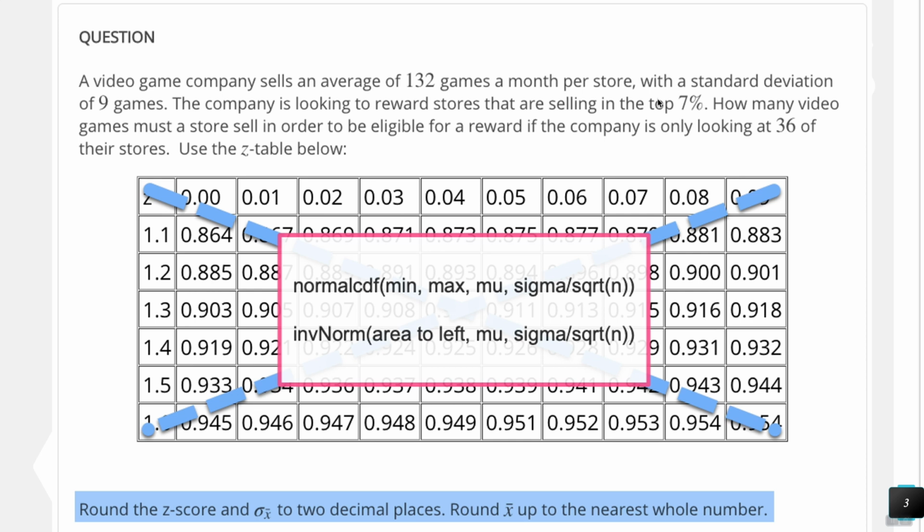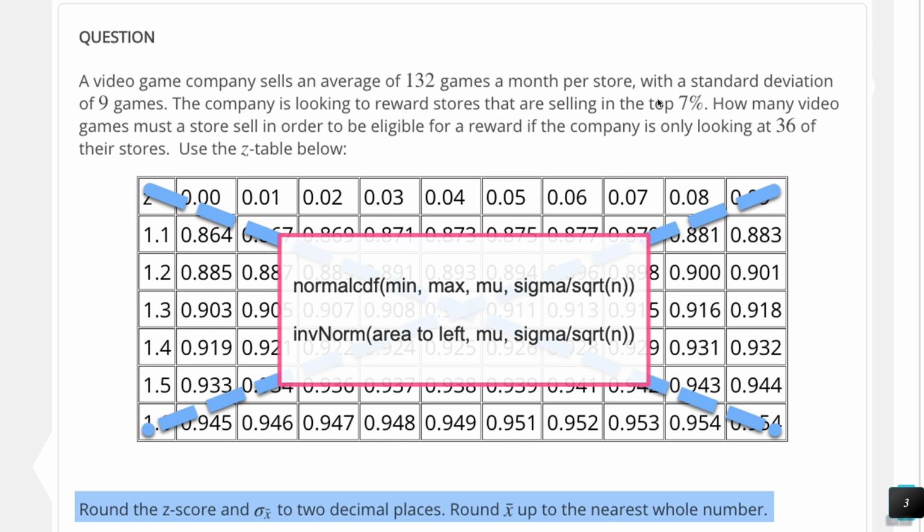So we've got a video game company that sells an average of 132 games a month at the store with a standard deviation of 9 games. The company is looking to reward stores that are selling in the top 7%. So we're going to shade the top 7%, just a little smidge at the top of the curve, at the far right of the curve.